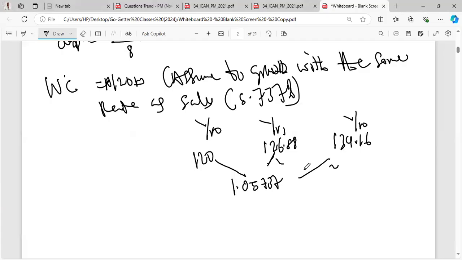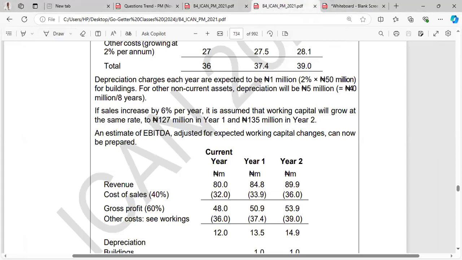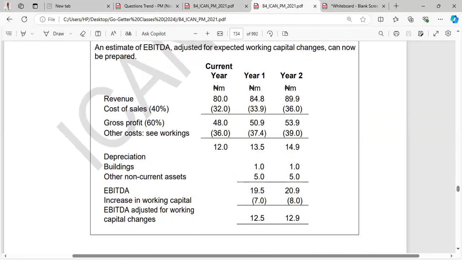Okay, so that's what our working capital is going to be. It's going to grow at that.